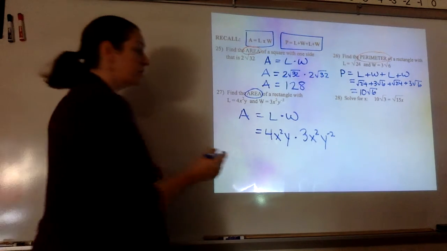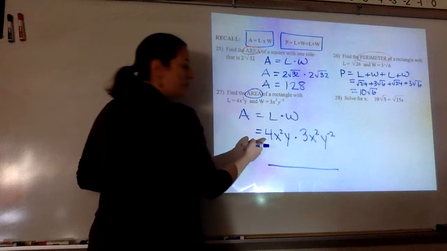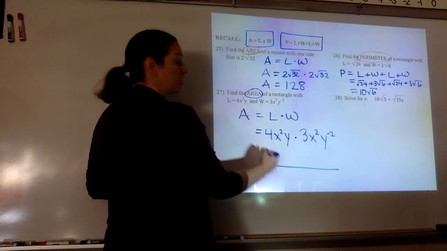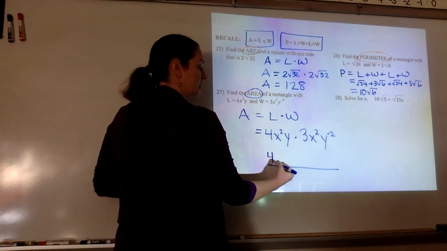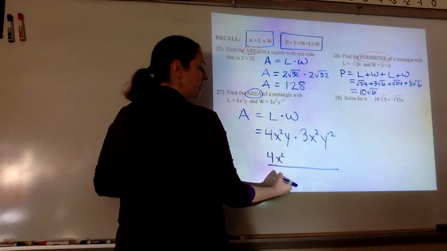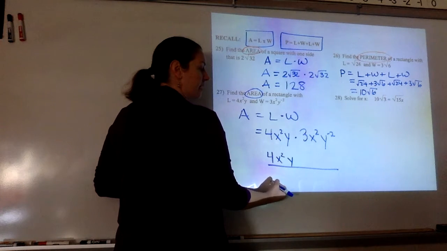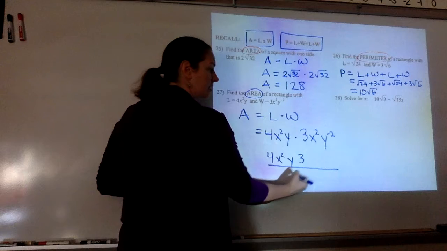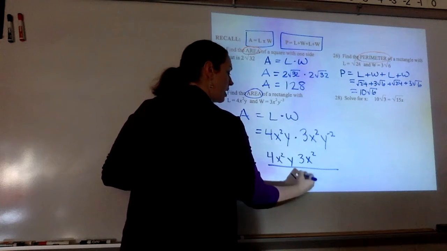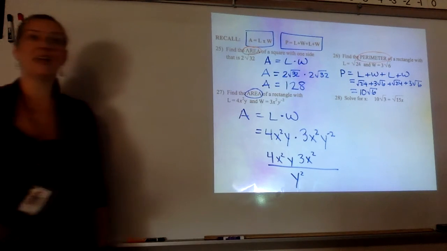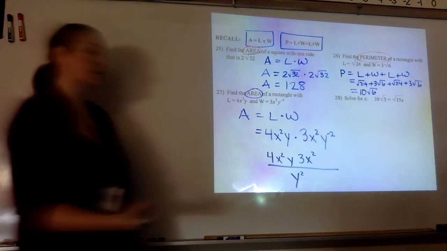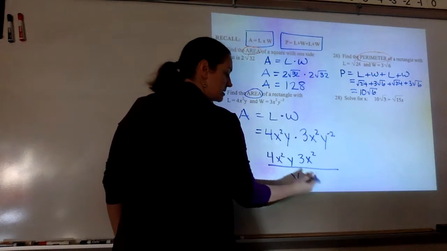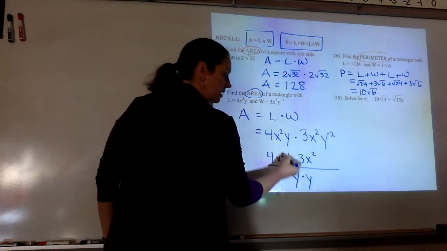You have to do a little bit of work. Here's what I mean. Does the 4 stay or go? Stay. How about x squared? Stay. How about y? Stay. How about 3? Stay. X squared? Stay. Y squared? Goes. Do I have anybody that I can cancel from upstairs and down? The y's, right? So this is y times y technically.